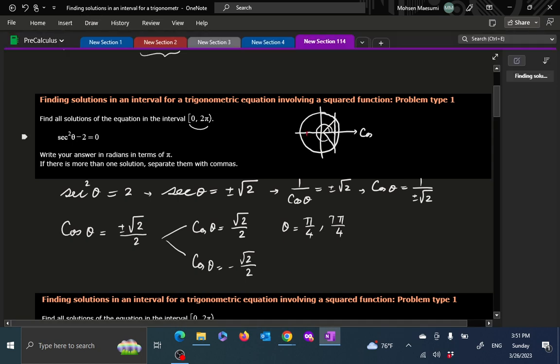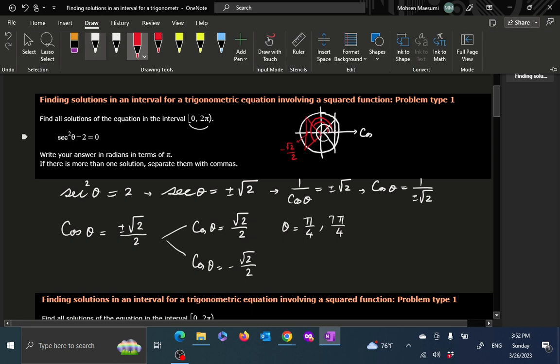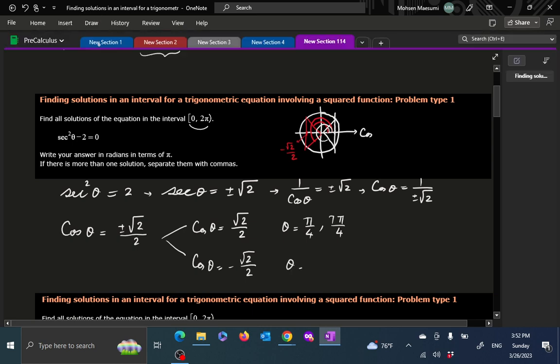For the second one, minus radical 2 over 2, we draw the picture, the vertical line at minus radical 2 over 2, and the two angles that we are after will be this one and this one. In that case, our angles will be 3 pi over 4 and pi over 4 after pi, which will be 5 pi over 4.